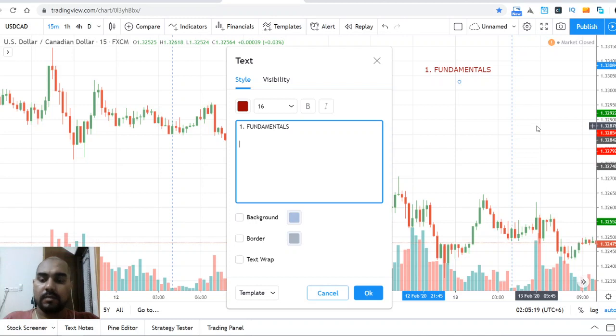The next step is session highs and lows, which includes the previous day's high and low.